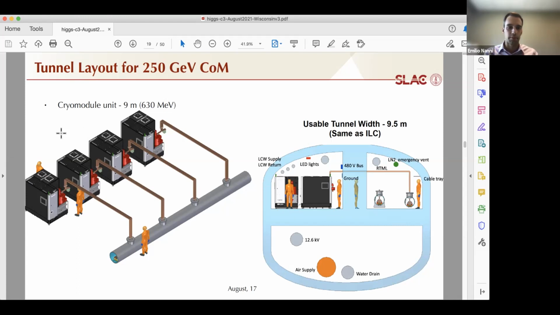Let me start with the figure on the left. What you're seeing is one of these individual cryomodule units. In the initial 250 GeV center of mass, these are roughly 9 meters long, and each would accelerate the beam by an additional 630 MeV.